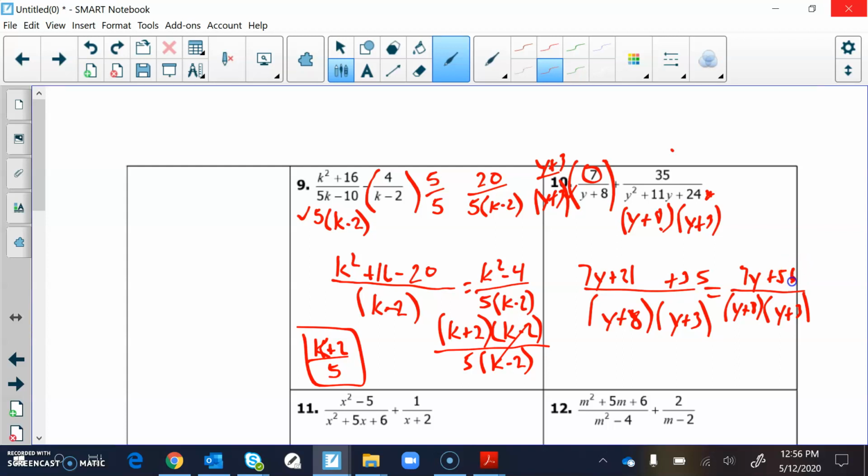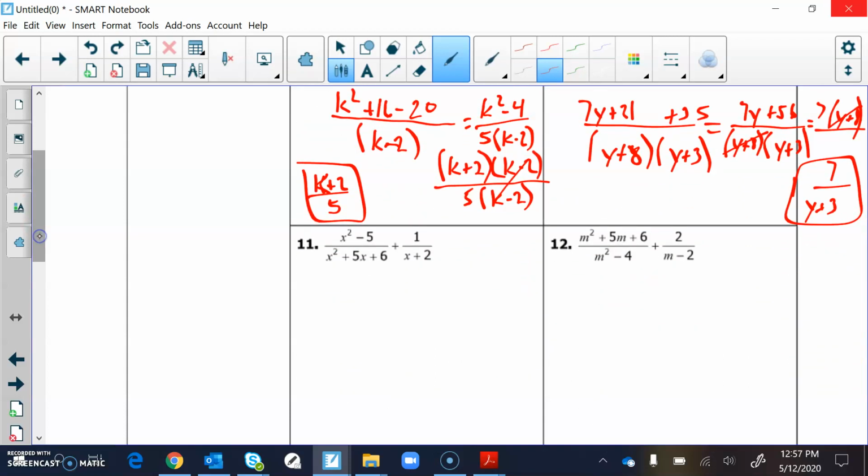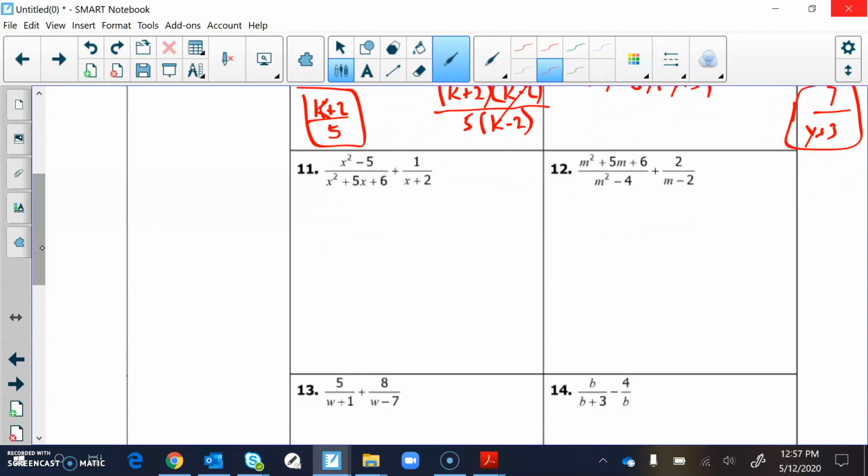So this numerator, 7y plus 56, you can pull out a 7, giving 7 times y plus 8, and that's over the common denominator. And so that means these two y plus 8's cancel, leaving me with 7 over y plus 3. Really, it's just a lot of factoring and canceling when we're doing these.